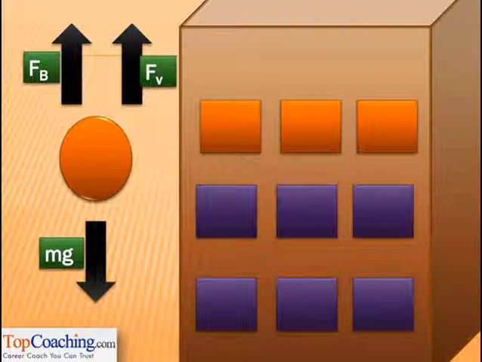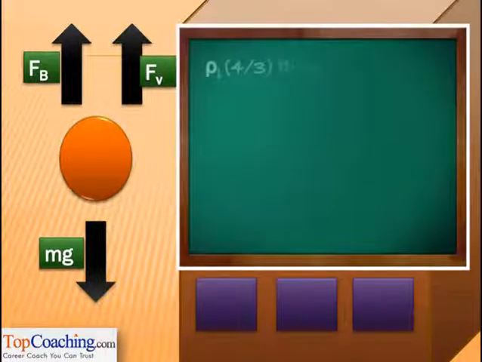The value of Fb and Fv is generally very less. That is why we have neglected the effects of buoyant force and viscous force so far in our discussion related to falling balls. However, it is possible that Fb plus Fv can be equal to mg. If that happens, the ball will fall down with constant velocity.